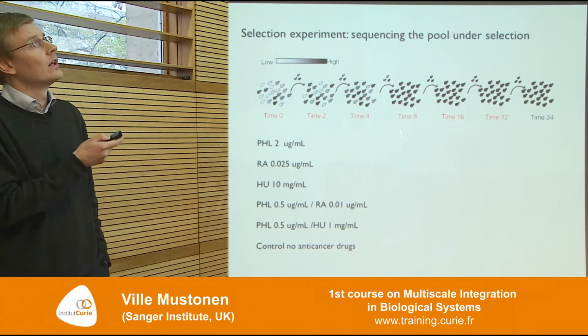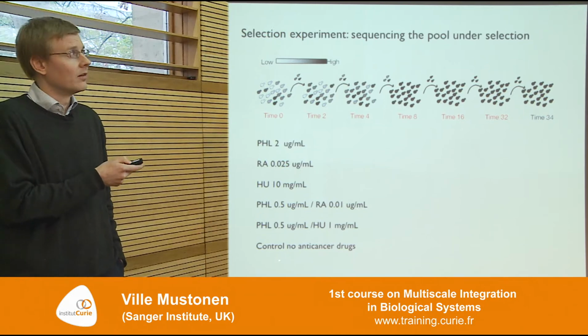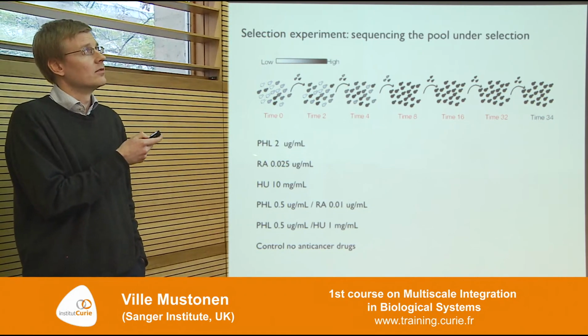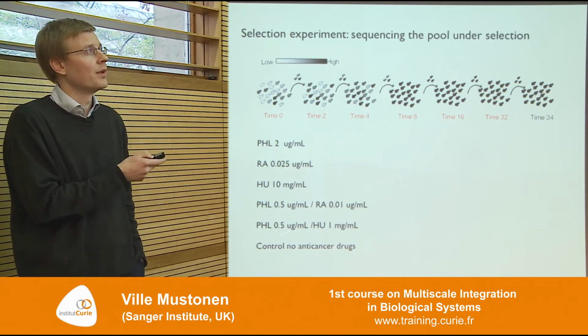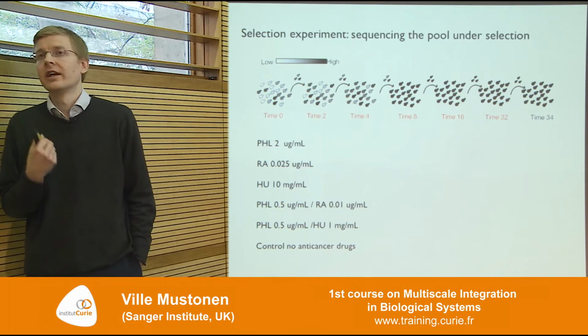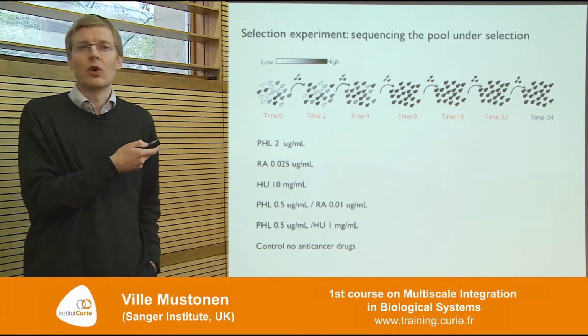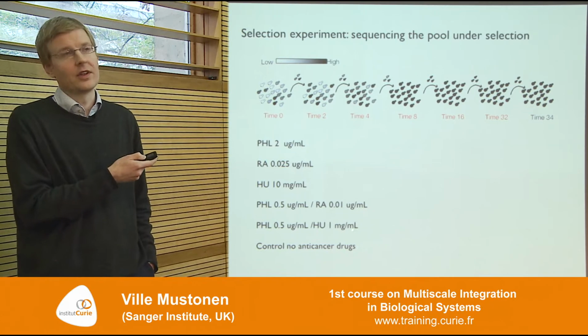And what you see here, we have 5 different settings: phleomycin drug, then rapamycin, hydroxyurea, then some combinations. In these experimental evolution experiments, you always have a control condition, where you propagate the population without anything.